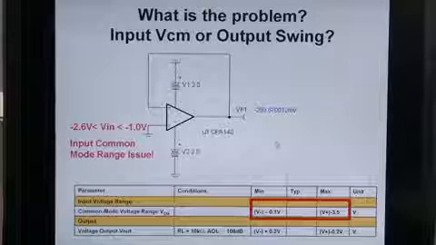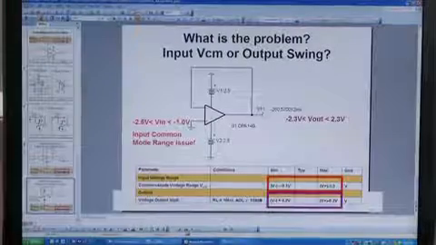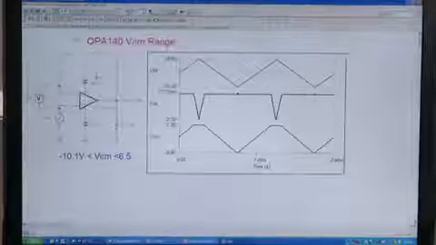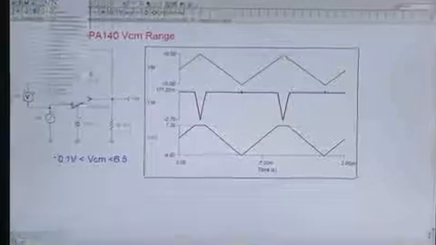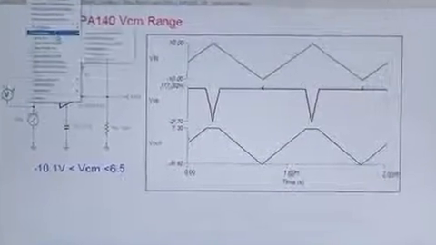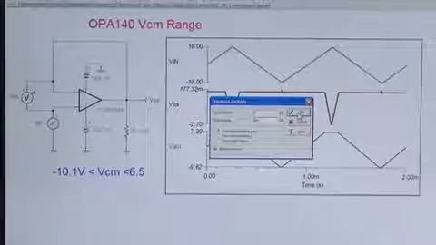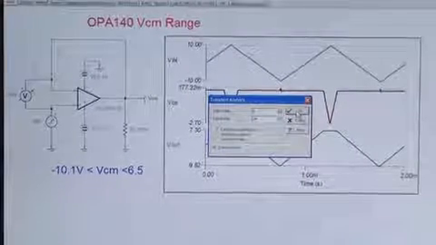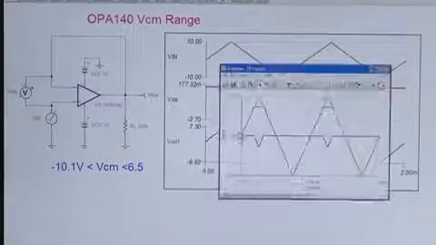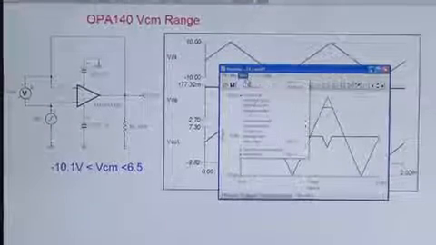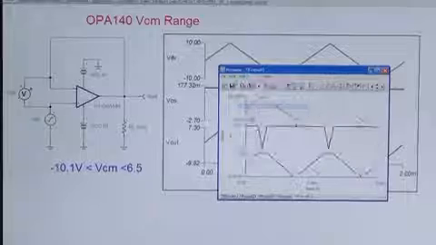Let's take a look at a simulation of this. You can use simulation to actually solve this problem as well. Using TINA-SPICE, which is a tool that TI provides for free, we can do a transient analysis. This is, by the way, the same circuit we actually built and measured earlier. So we run the transient analysis. We get a bunch of curves. Let's separate those curves.